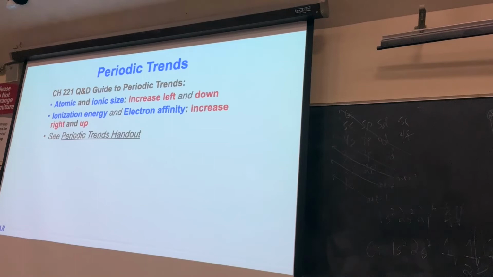So while the sizes were left and down to get bigger, all of these other ones go up and to the right. If you're curious which has the larger ionization energy, potassium or cesium, up and to the right, potassium would have the larger ionization energy. Same thing for these guys. Chlorine has a bigger electron affinity than sulfur because it's more up and to the right. That's really all these periodic trends are all about.